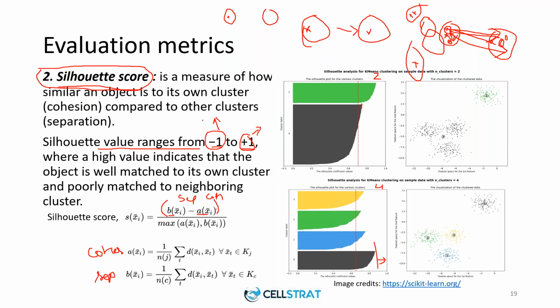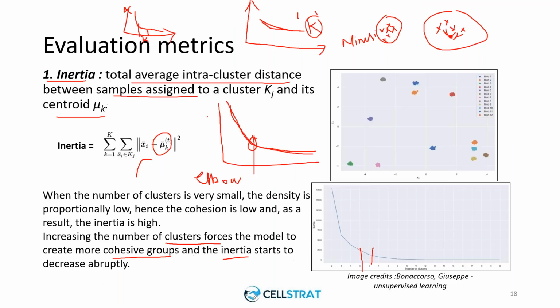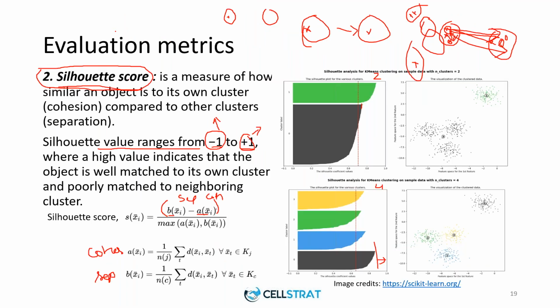which is used in unsupervised learning. So if you notice, both inertia and silhouette score depend on only two things: cohesion and separation. So the first point which we discussed in hard clustering, the property of cohesion and separation must be valid, right?